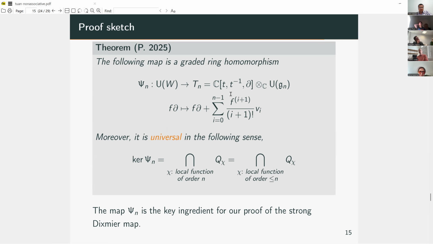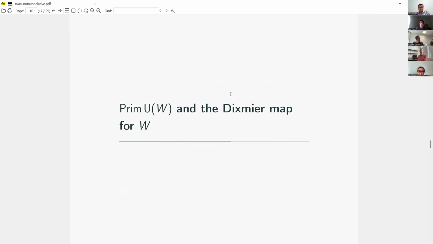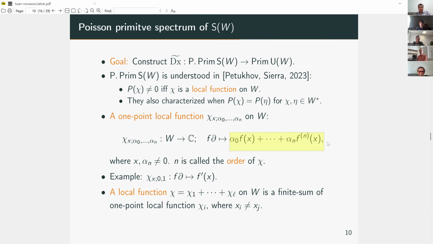And then we conjectured that such a map exists because of the way we define the local function, taking the nth derivative and the sum of the nth derivative, like this formula here. So we thought that such a map exists.